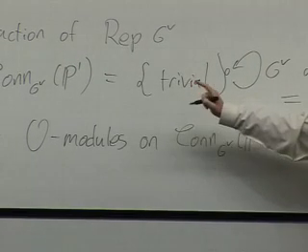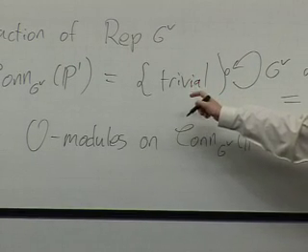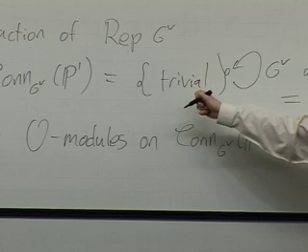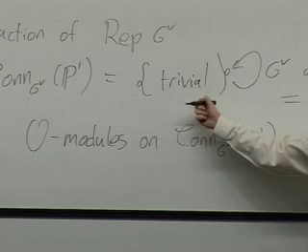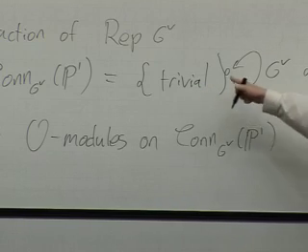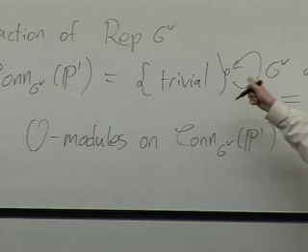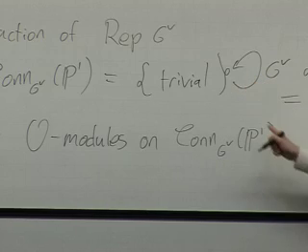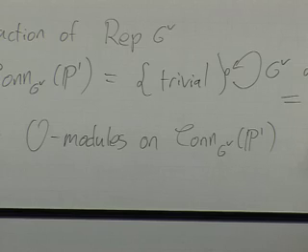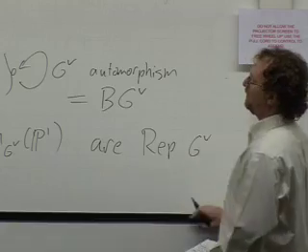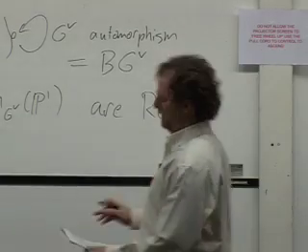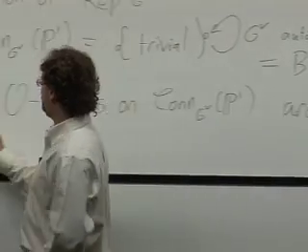Well, it's a sheaf on a point, in other words, a vector space, but with the symmetries of G check. If you really want to have a sheaf on this object, it's a sheaf on a point with an action of G check, in other words, a representation of G check. If you'd like, vector bundles on the classifying space of a group are exactly representations of the group, representations of G check.